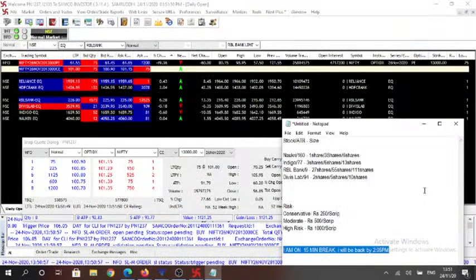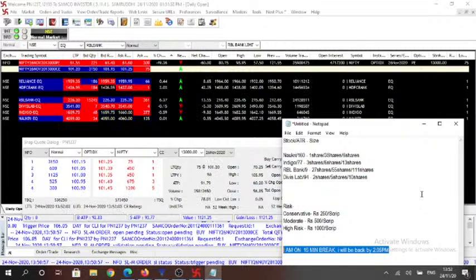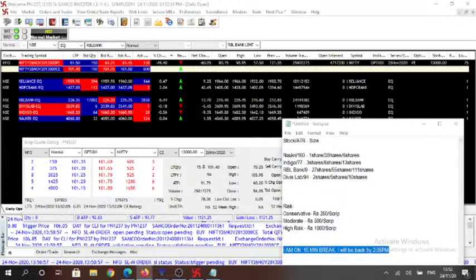And we have an order at 106.05 just in case the high triggers. RBL Bank is also up 6% plus. Rest I'll put on something like a news channel.